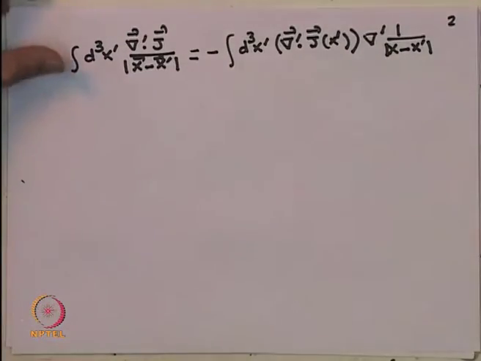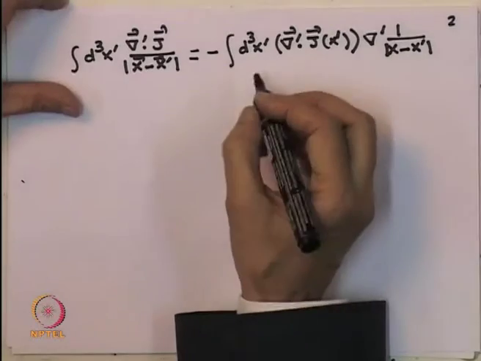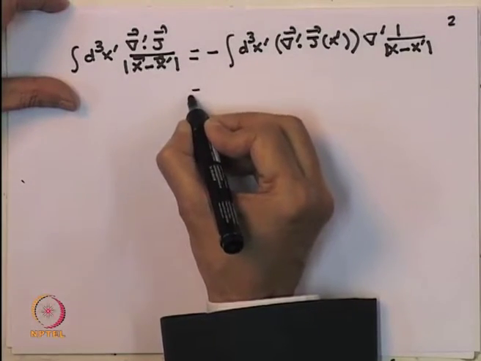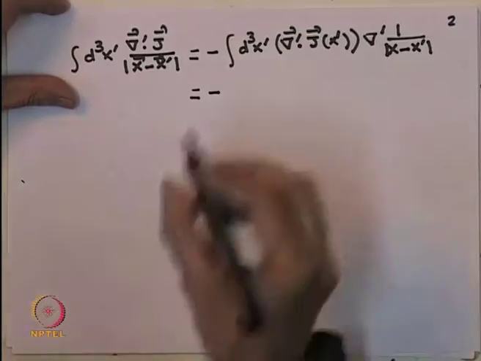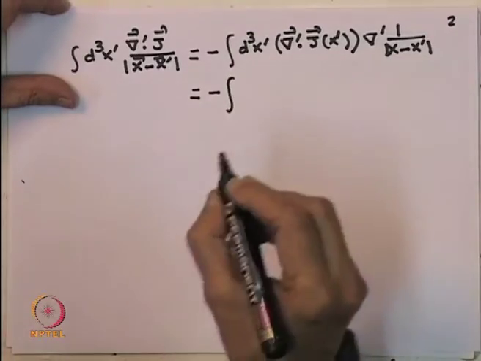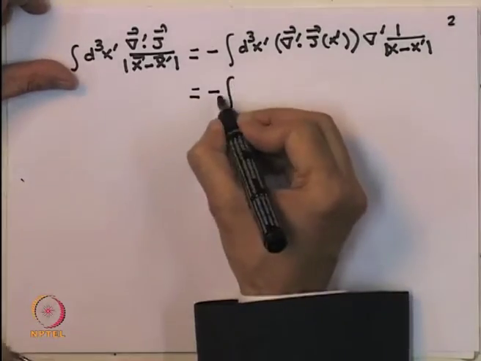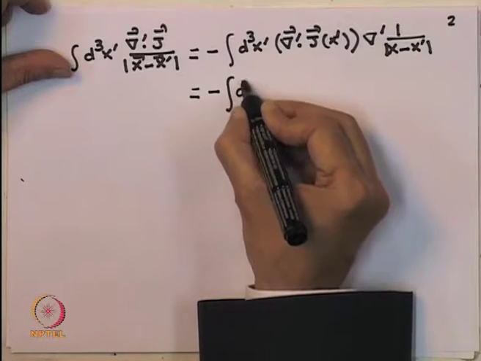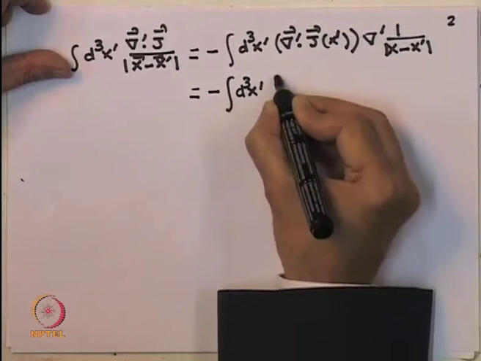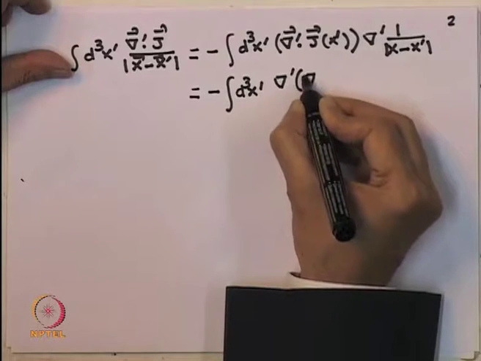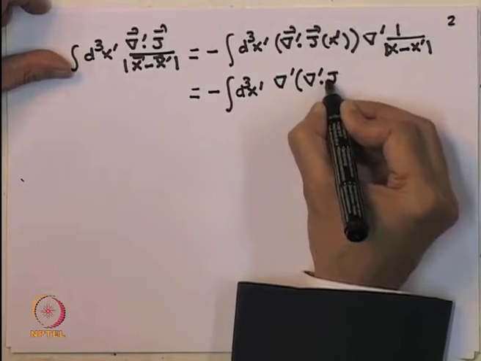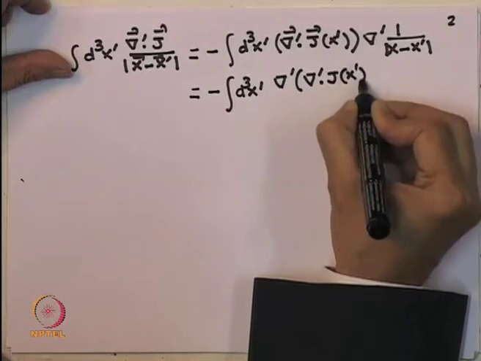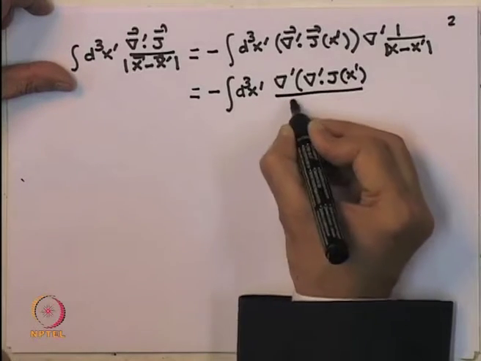Okay? So, this is what we have written down there. Now, what I will do is this, that this is equal to minus integral of d cube x prime del prime of del prime dot j of x prime divided by x minus x prime.